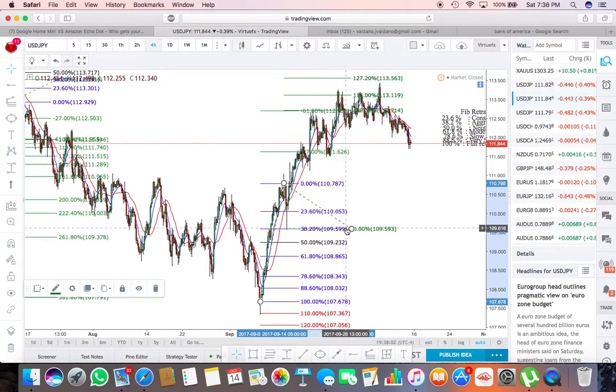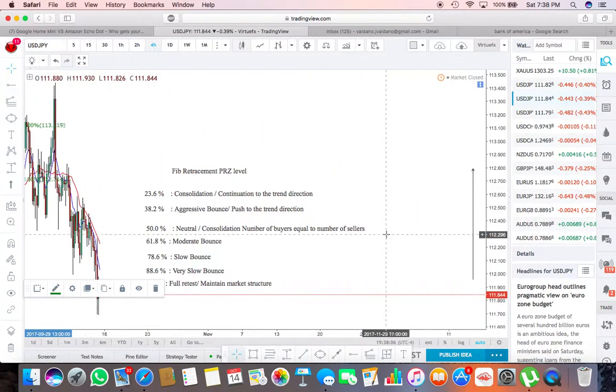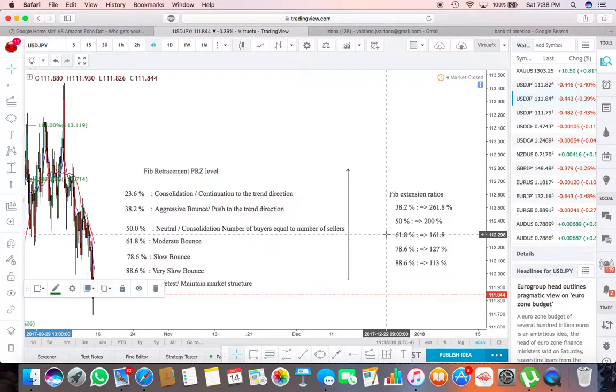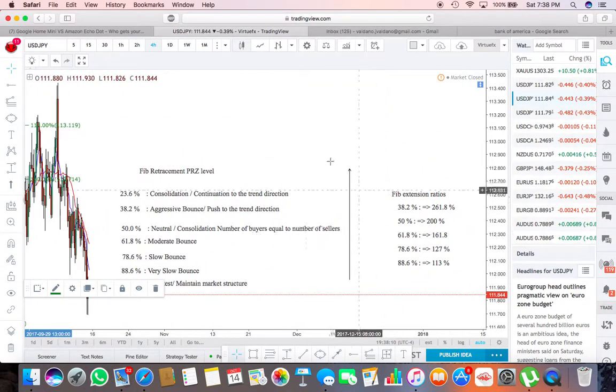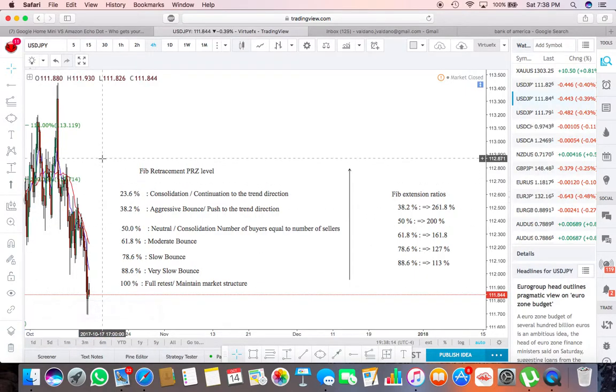That's why, guys, I prepared some notes for you based off the Fibonacci retracement video I did about the PRZ levels. For example, these are the Fibonacci retracement PRZ levels, like at 23.6, what's going to happen, 38.2, what's going to happen, 50%, and so on.